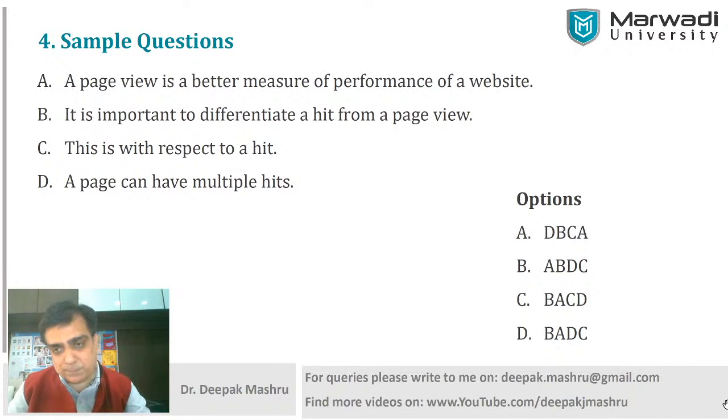Now tell me, out of A, B, C, D, which option is correct? Option 1 says D, B, C, A. That means sentence D will come first, then B, then C, and then A. Option 2 says first A, then B, then C. Option 3 says B, A, C, D, and option 4 says B, A, D, C. So tell me what can be there.